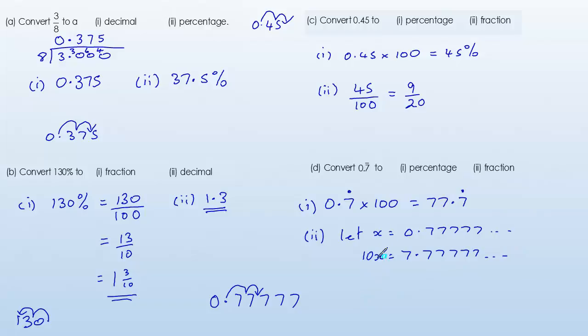So if I now subtract, 10x take away x is 9x, and if we do this take away this, everything after the decimal point is just going to disappear, so we're just going to get 7, and so x is 7/9.